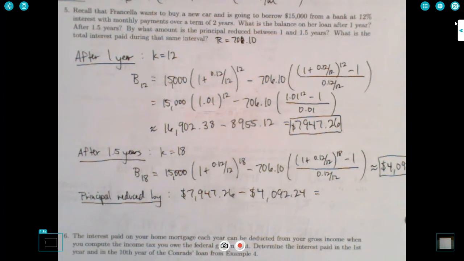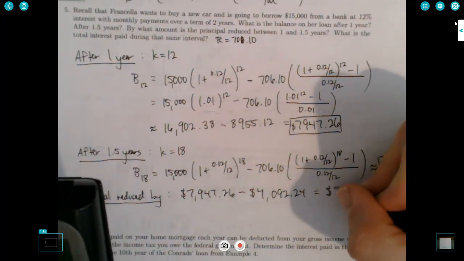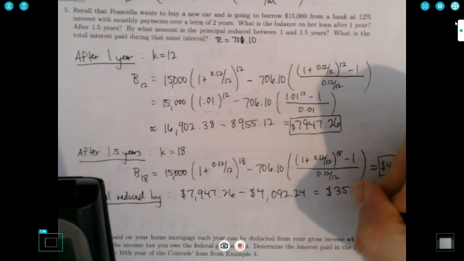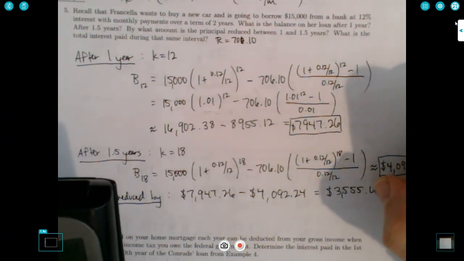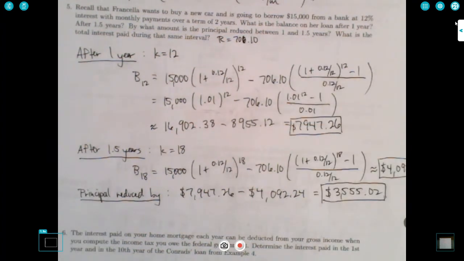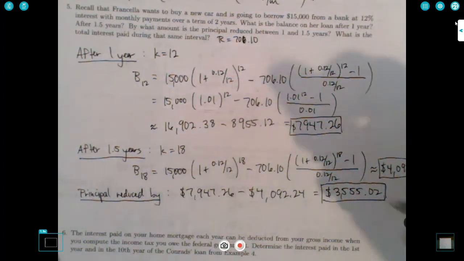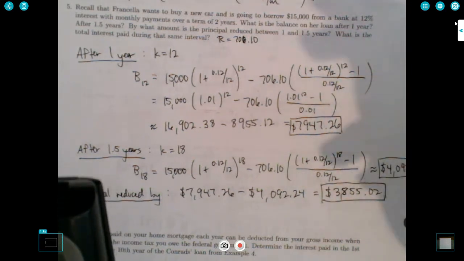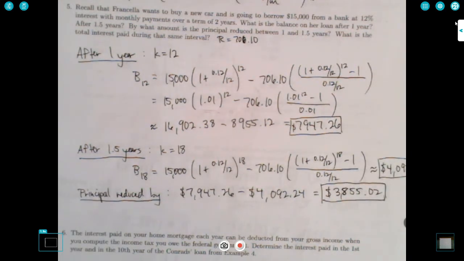So 7947.26 minus 4,092.24. That's $3,555.02. So that's how much she pays off between 1 year and 1.5 years, right? Hold on. Sorry, I punched in something wrong into my calculator. There should be an 8. $3,855.02. Okay.